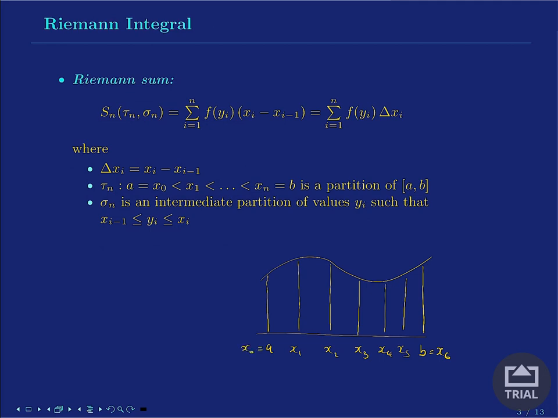And additionally, we might take the midpoint of the interval. So that would be y1, y2, etc. up to y6. And then we measure the area under the curve by the sum of these rectangles, where the rectangle is over the interval and has height the function evaluated at the midpoint of the interval.